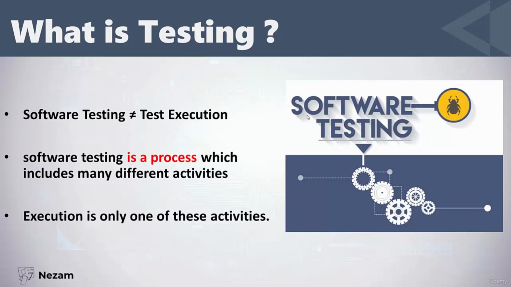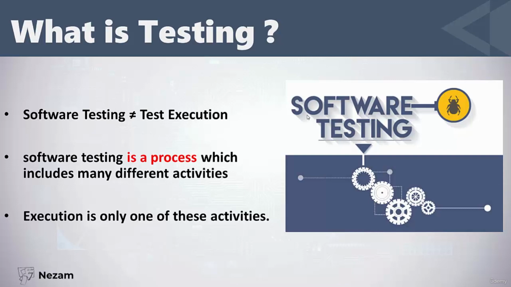The first thing is software testing is not equal to test execution. Some people think that software testing is only test execution. You open the website, you go to google.com, you log in inside the website and perform some operations, find bugs, and this is testing.